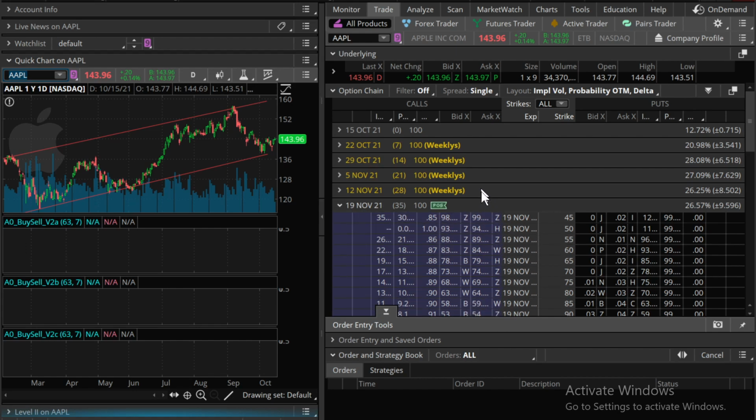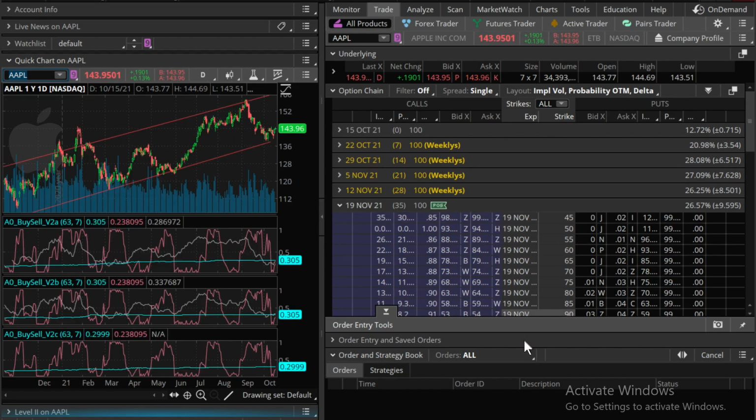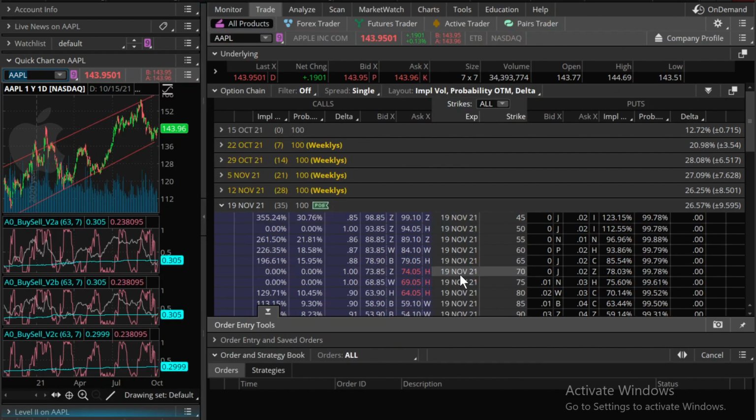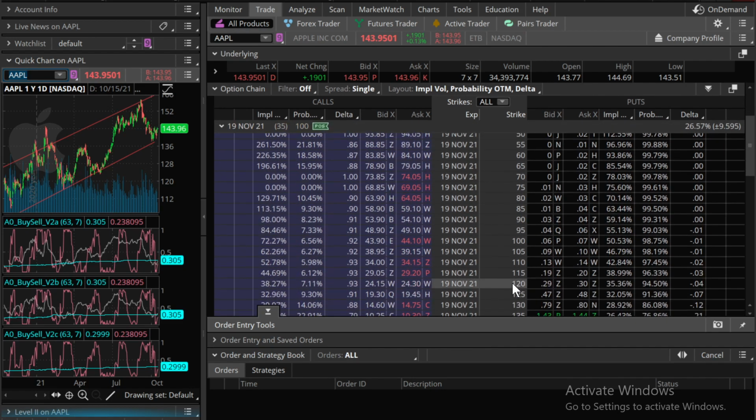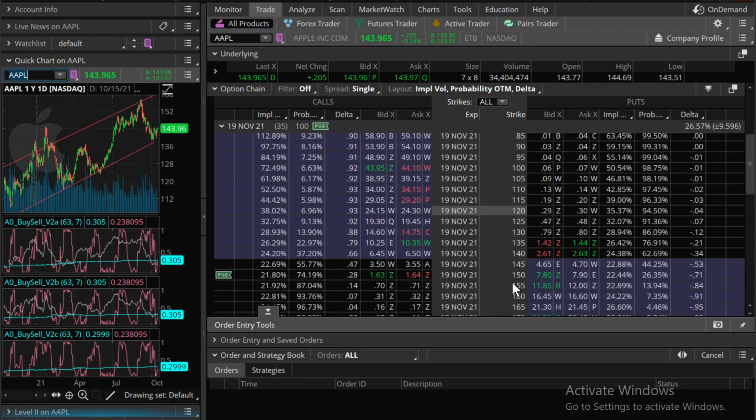So let's, and again, I have to have these resolution settings set this way. It looks really bad, but I'm in the November monthlies, and I got the 150 call. I got it for 163, which is basically what it's at today. Must not be doing much today.